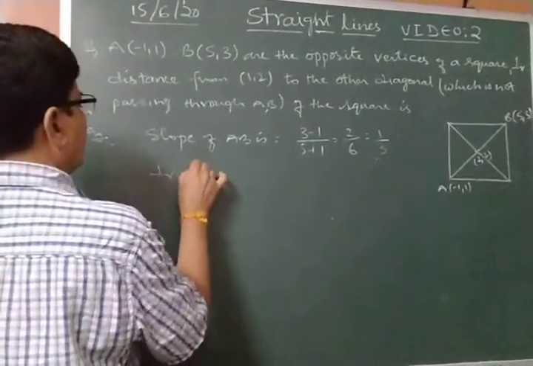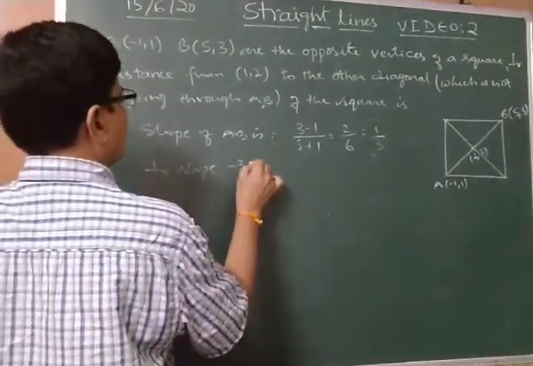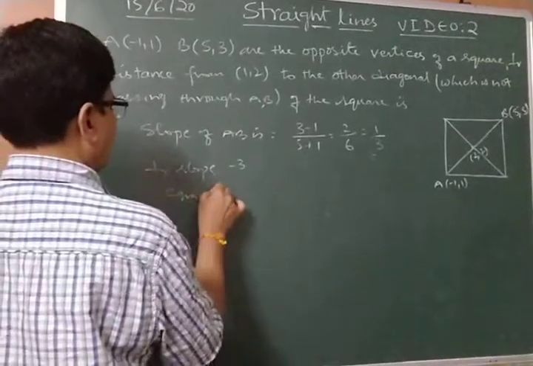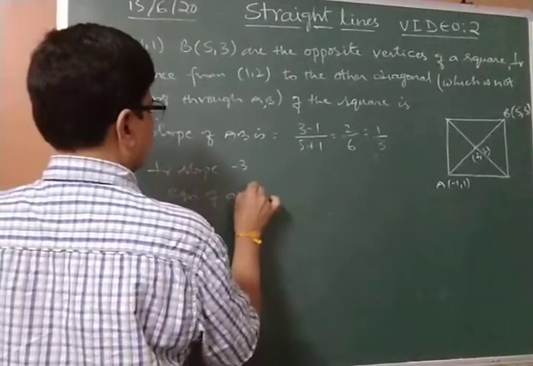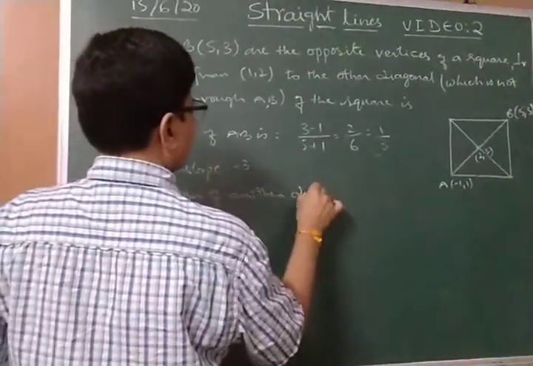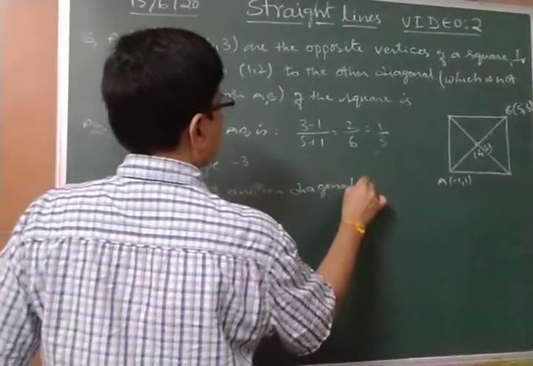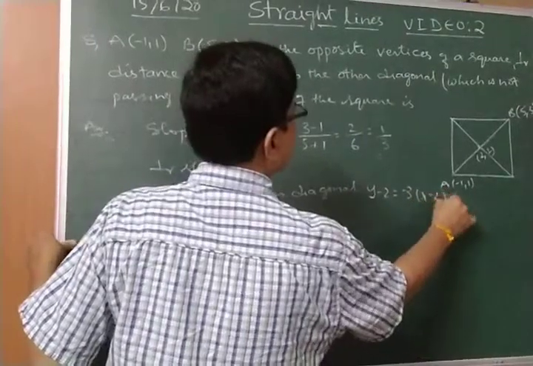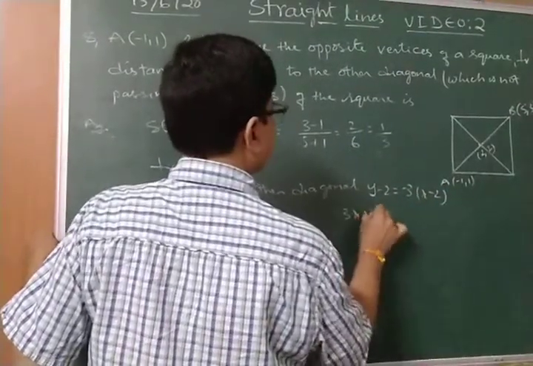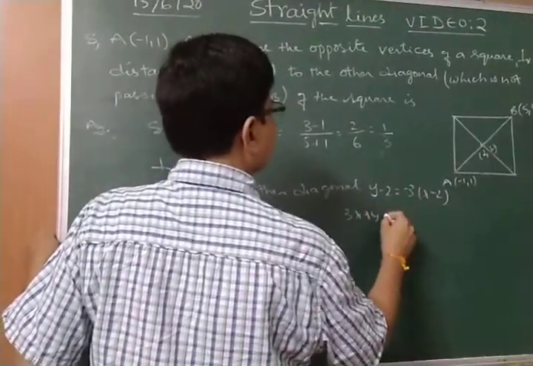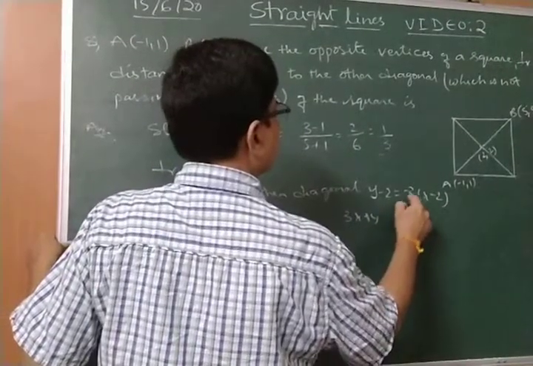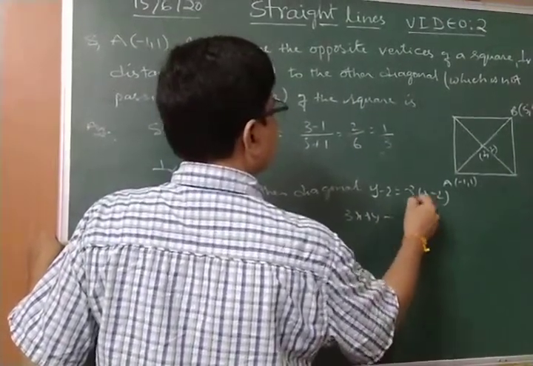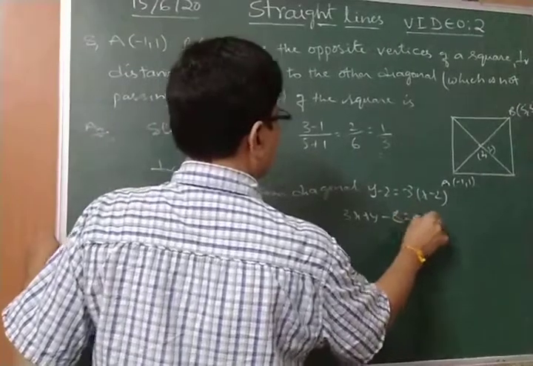Perpendicular slope is minus 3. The equation of the other diagonal is y minus 2 is equal to minus 3 into (x minus 2). So 3x plus y minus 8 is equal to 0.